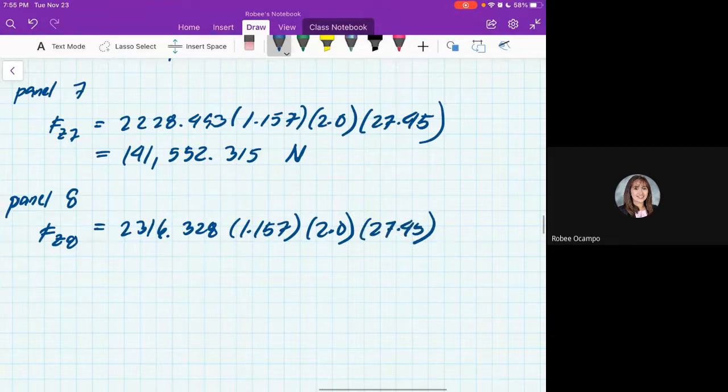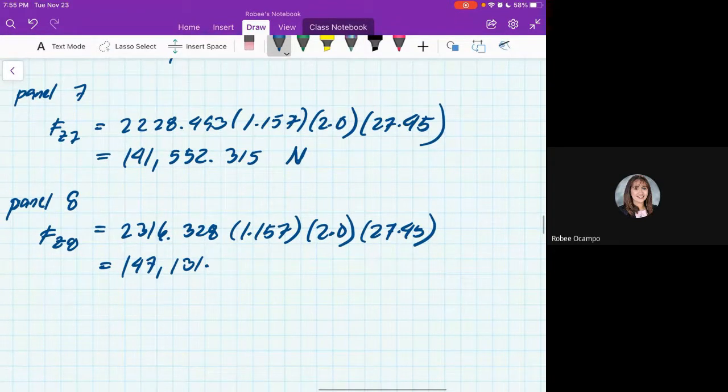That should be equal to 147,131.533 Newton.